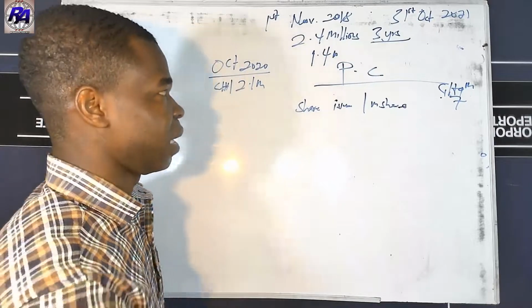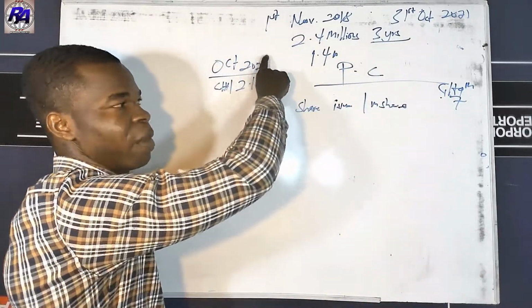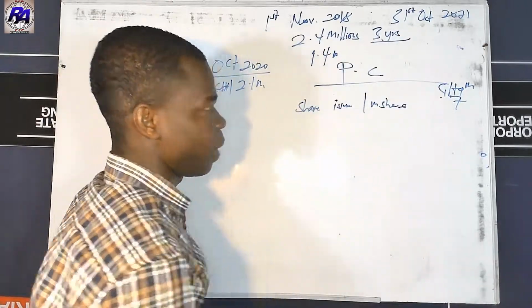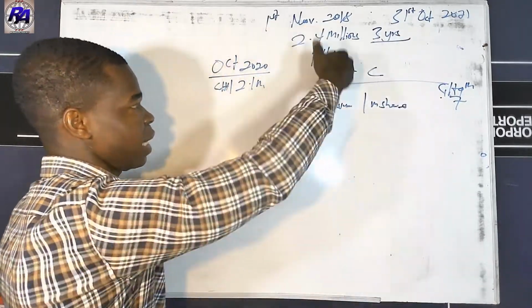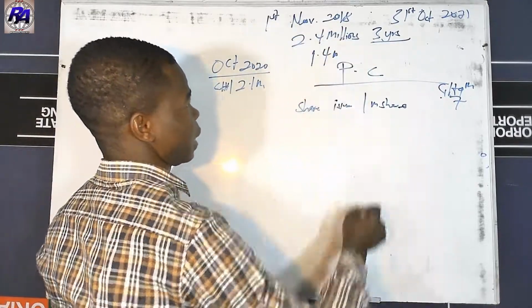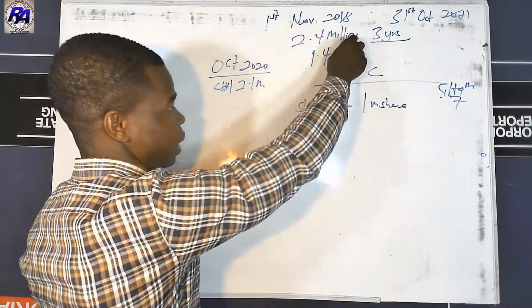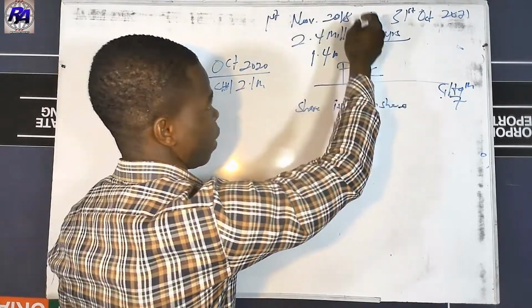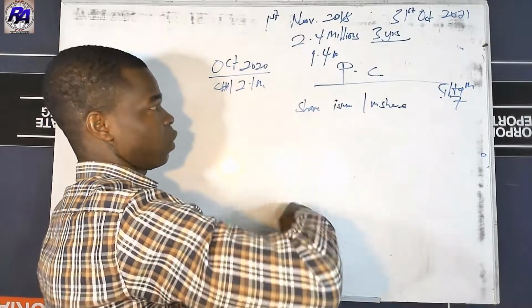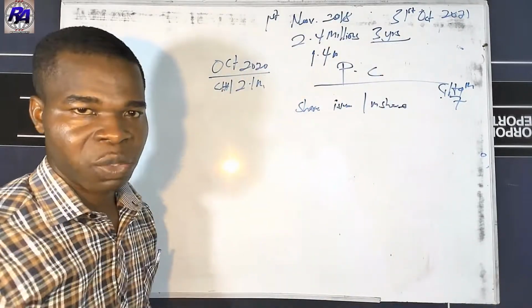Now listen, the date you are preparing the account and the date this payment is made, that means you have made the payment already before even preparing our account. So how many years did it take us to make this payment? From 1st November 2018 to 31st October 2019 is 1 year, and then to 31st October 2020 is 2 years. So it's taking us 2 years to make this payment.